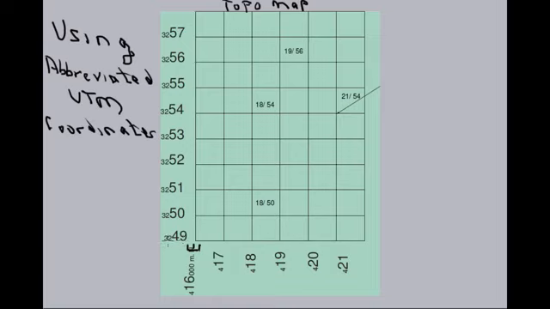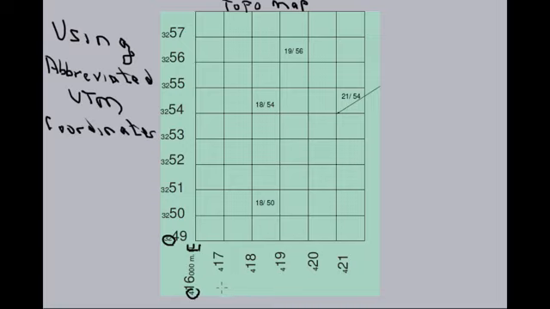So if we look at this number here in the easting, the 4, and this number here in the northing, the 32, those numbers represent the 100,000 meter square. So when you're in the area 4 by 32, you're operating within a 100,000 meter square, which is a pretty big square, 100 kilometers on each side.